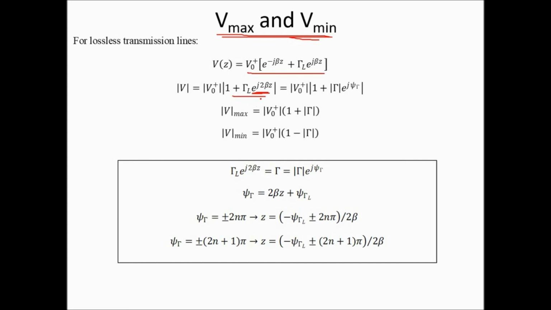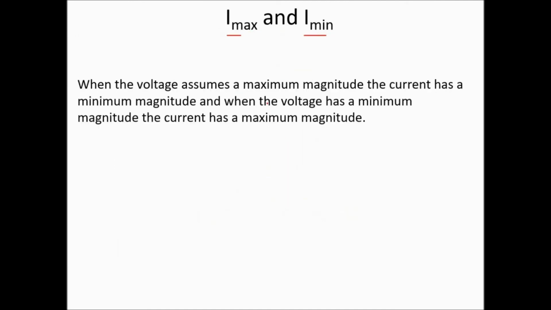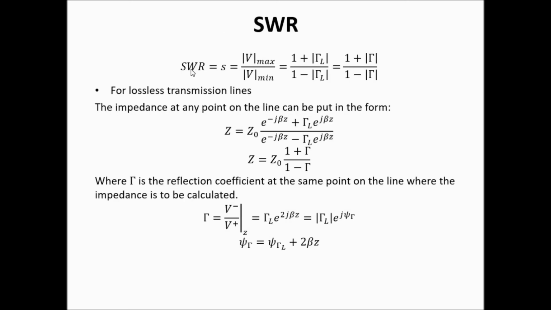Then you will get the highest magnitude. So V will be maximum if the amplitude of this has the maximum value. Similarly, V will be minimum if the amplitude of 1 minus this gives you the minimum. We used this same method for finding the electric field value for maximum and minimum. Now for the current expressions, you know that when voltage is maximum, current will be minimum, and when voltage is minimum, current will be maximum.